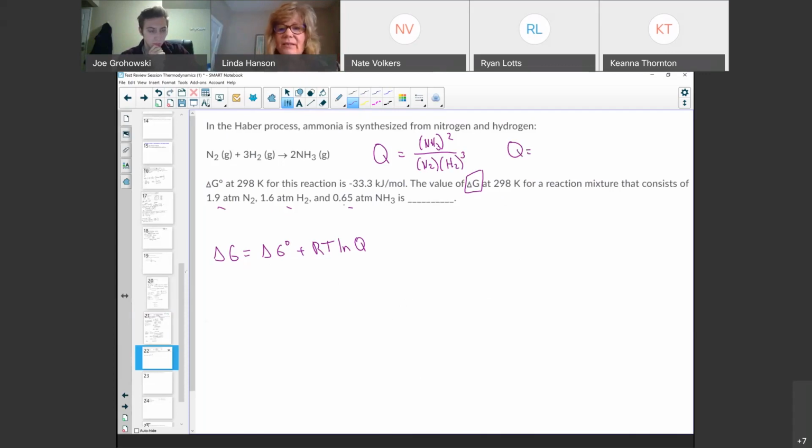The ammonia, 0.65 squared. The nitrogen is 1.9 atmospheres. The hydrogen was 1.6 cubed. So it's very similar to what we just worked. The identity of the molecules changed, but the math really is coming out the same. Let me see if I can pull out a Q.